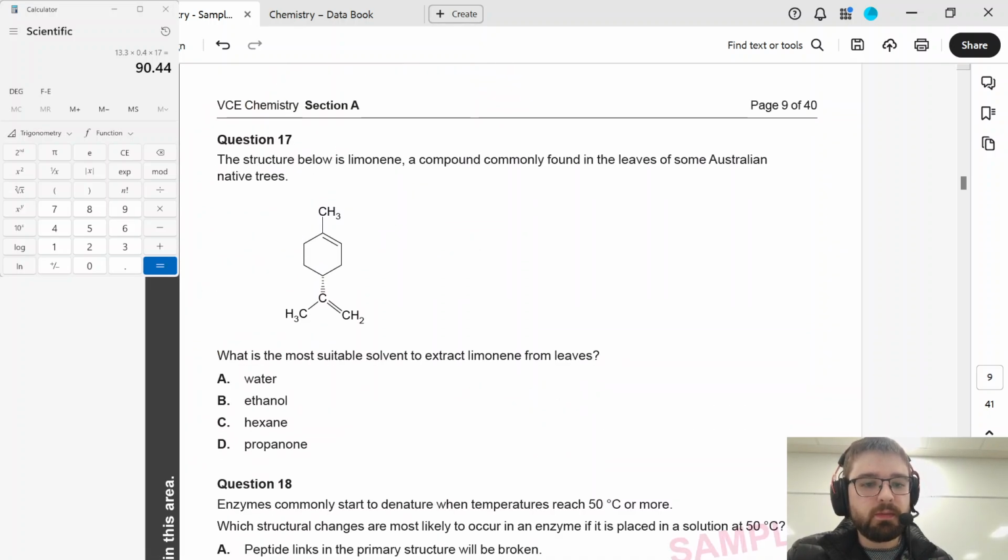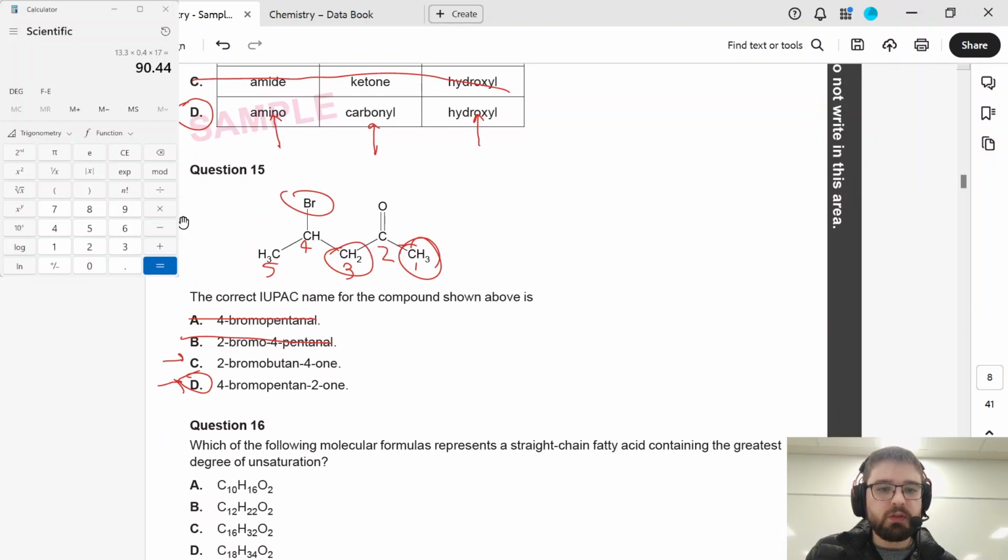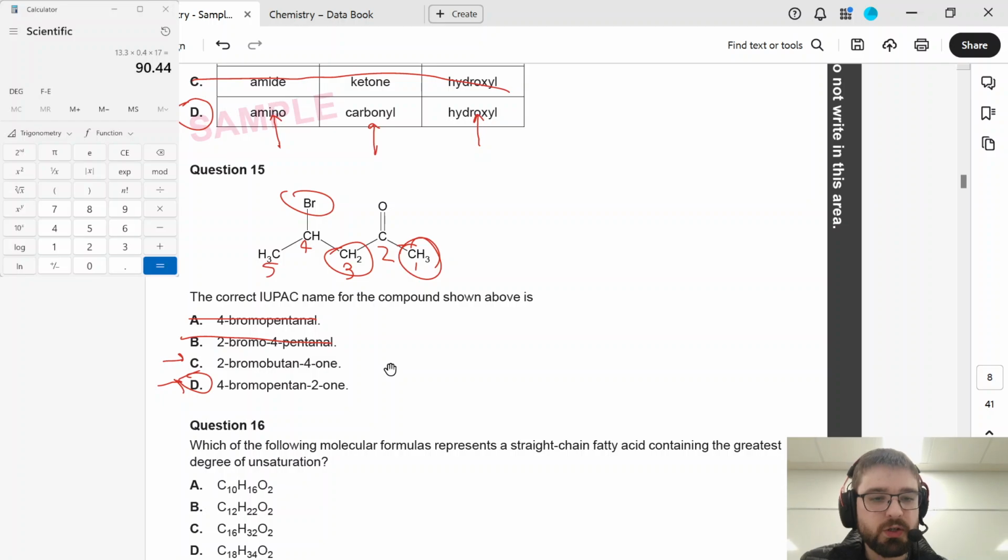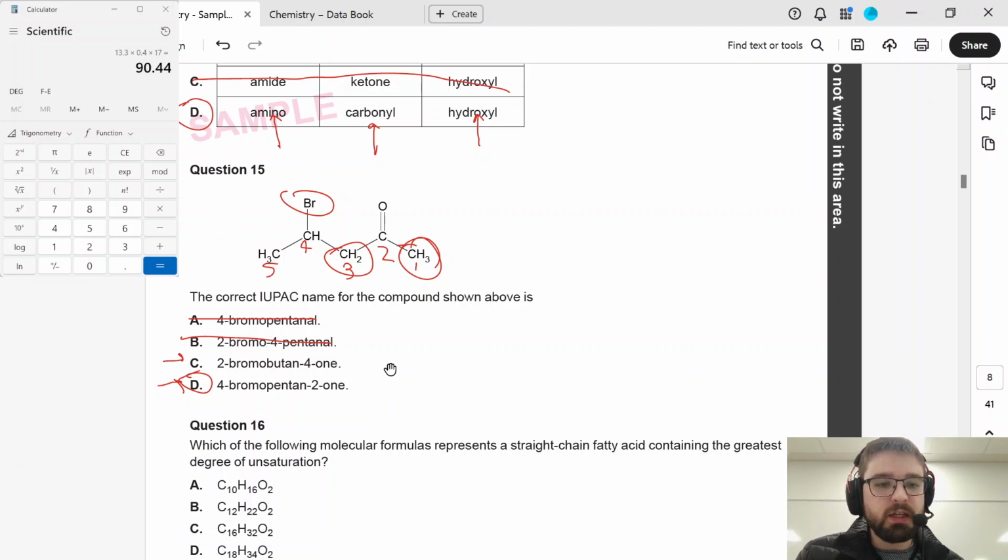Which of the following molecular formulas represents a straight chain fatty acid containing the greatest degree of unsaturation? Okay, so basically we can just look at the ratio of carbons to hydrogens in a kind of dodgy way of figuring out how many double bonds there are.